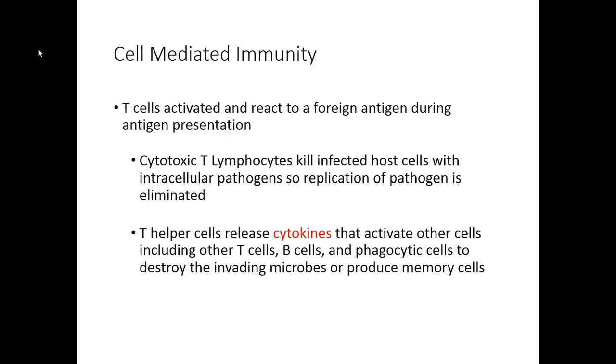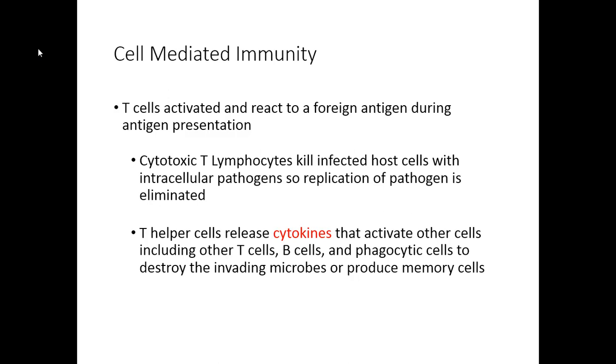If it's a cytotoxic T lymphocyte or a TC cell, what happens? The binding of the foreign antigen to the receptor on the T cell will cause a release of granules, perforins and granzymes, that kills the infected host cell that has those intracellular, endogenous pathogens, and that prevents the replication of the pathogen.